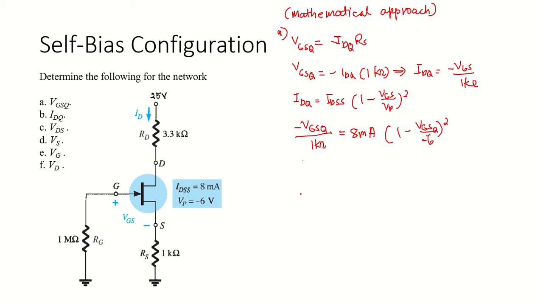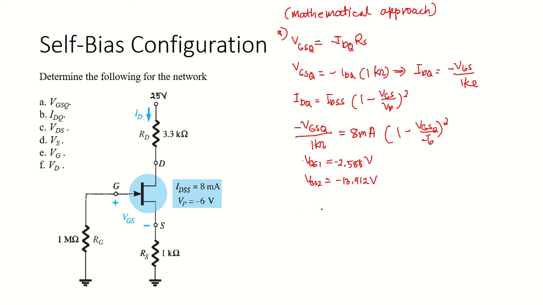By quadratic equation, using our calculators and finding the value of x, we will be able to get two roots for the given equation. So the possible values of our VGS, first is negative 2.588 volts and the other one is negative 13.912 volts.